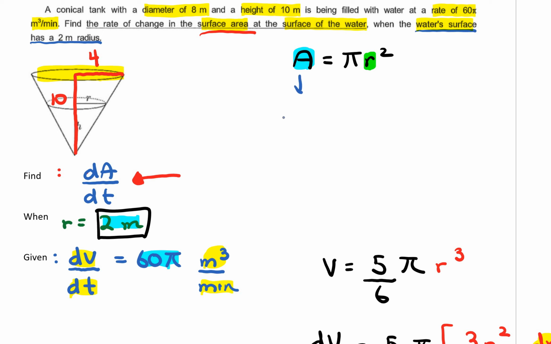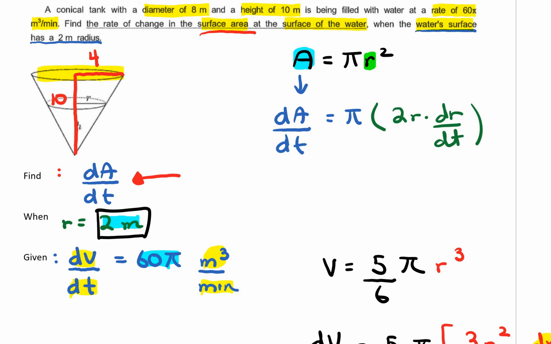So in order to find dA over dt, I just take the derivative with respect to time. So dA over dt equals pi. Pi is the constant. And then the derivative of r squared is 2r times dr over dt. And this part right here, dr over dt, is key because we just spent some time finding that, right? So this value from all our previous work was actually 6.